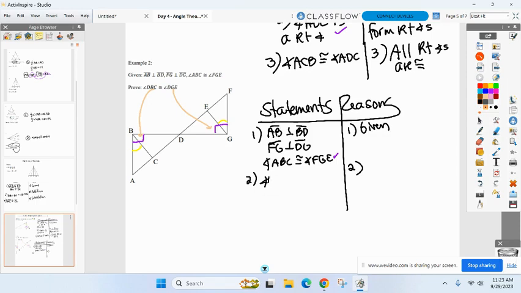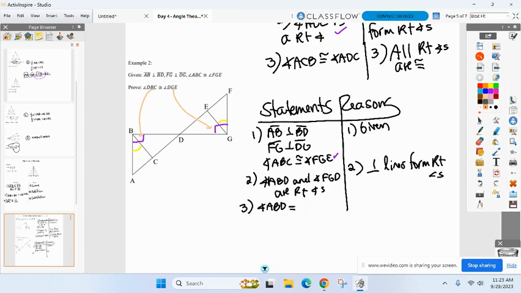So angle ABD and angle FGD are right angles. You need to tell me they're right angles before saying they're equal to each other. And then my reason, same reason I had above. Josh likes definition of perpendicular, fine. I do perpendicular lines form right angles. Now, very next step, you can tell me they're congruent.